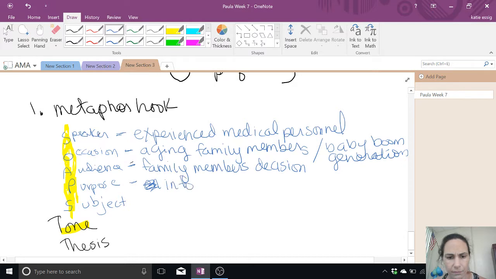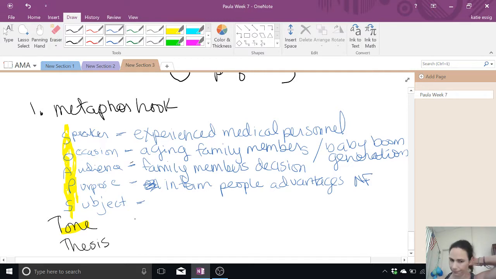To inform people as to the advantages of the nursing facility. I'm abbreviating everything here, they're just notes. And what's the subject of my paper? I'm going to say that my subject is nursing facilities. What's my tone?